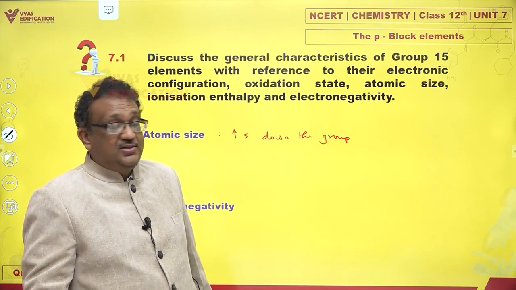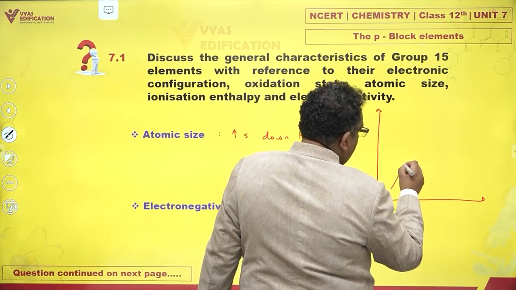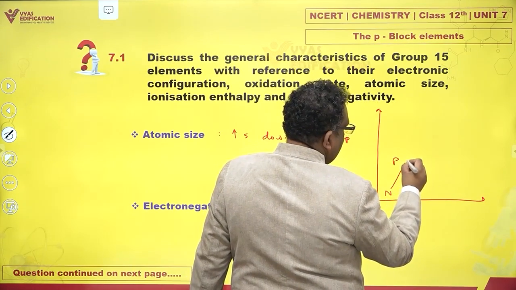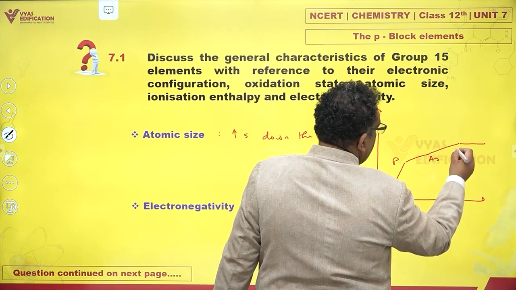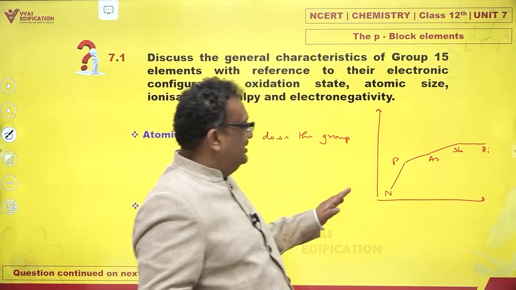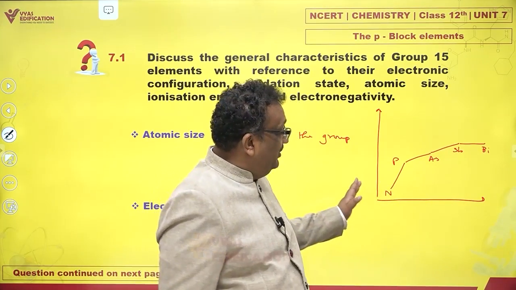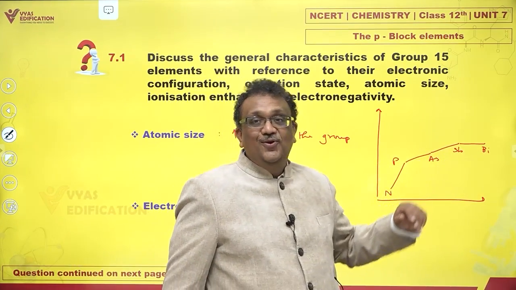But again, don't forget, nitrogen to phosphorus is a rapid rise. Then arsenic, antimony and bismuth. The increase in sizes is always in increasing order because more shells are being added. But the rate of increase goes down.